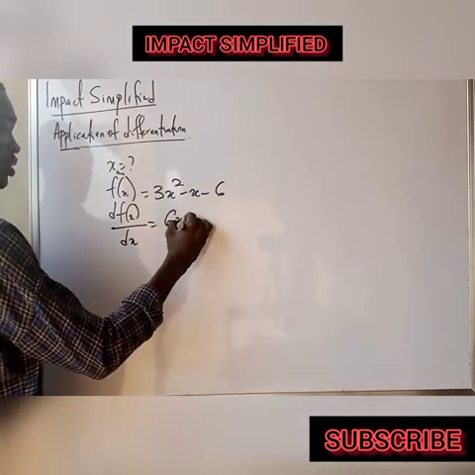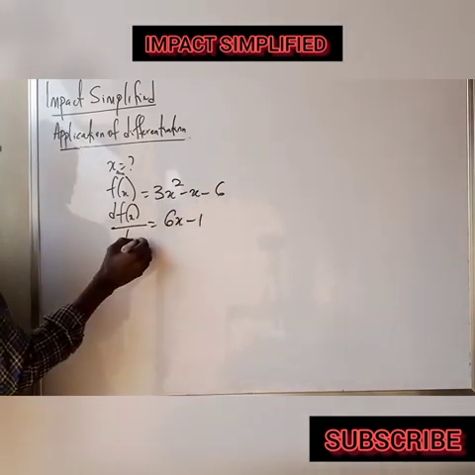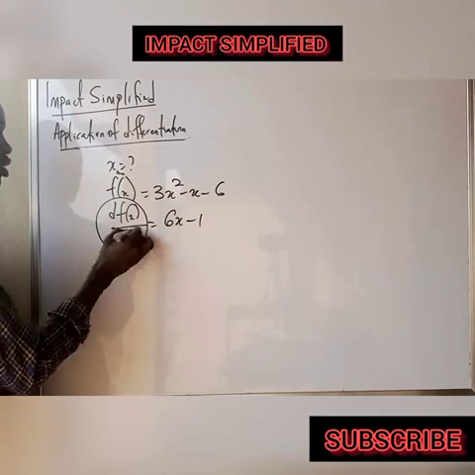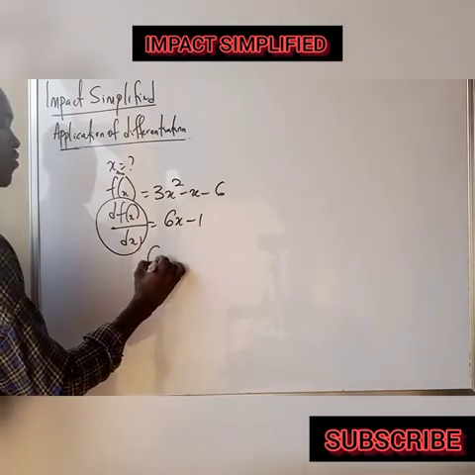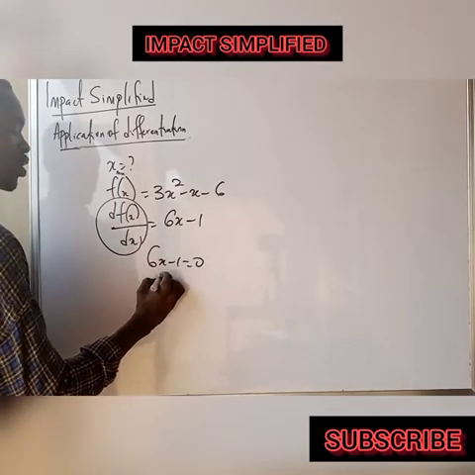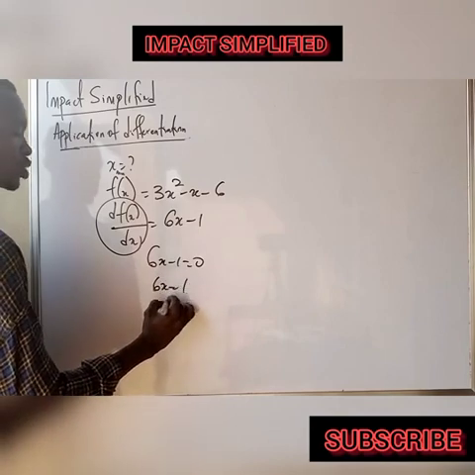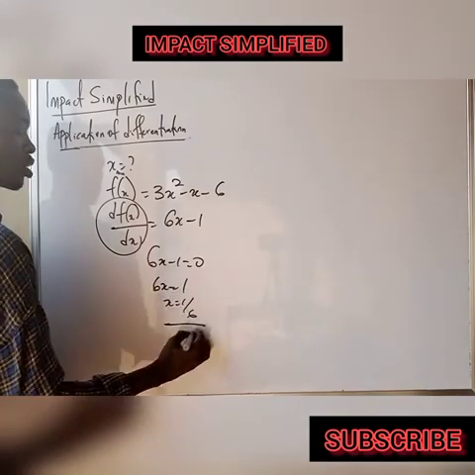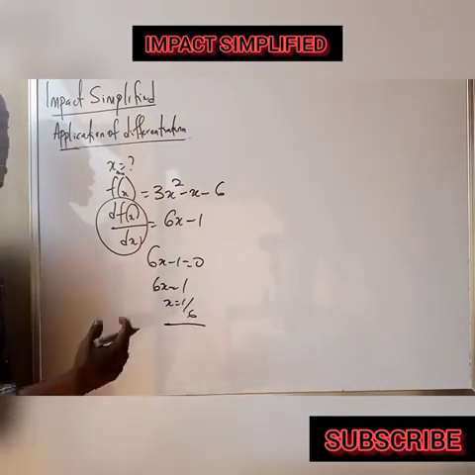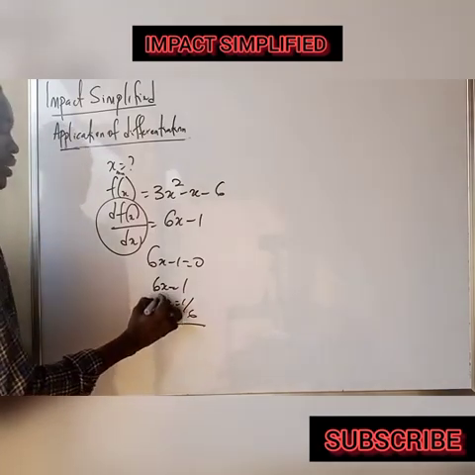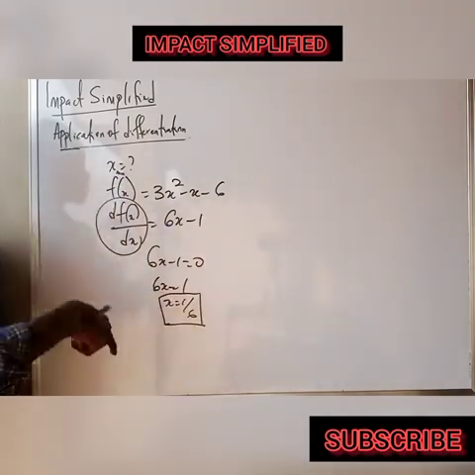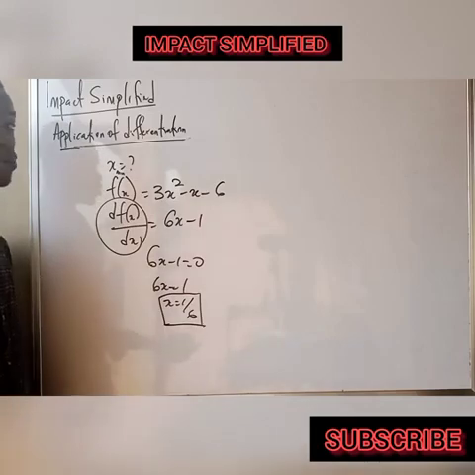This will give us 6x minus 1. And after that, the next step is asking us to equate this to 0. If you equate it to 0, we have 6x is equal to 1. That means our x is equal to 1 over 6. And since we are having only one answer for x, this is the minimum value of x we are looking for. Do we get that?